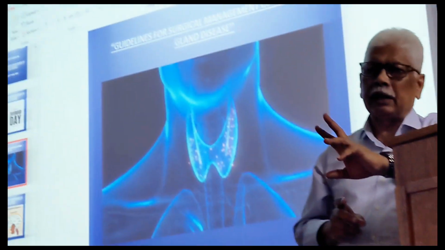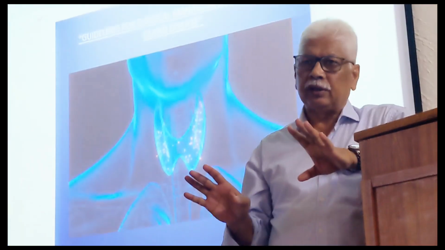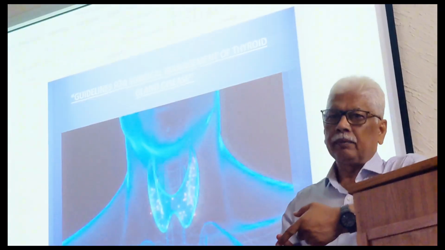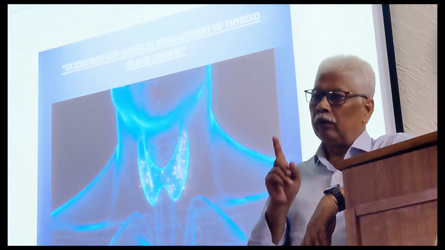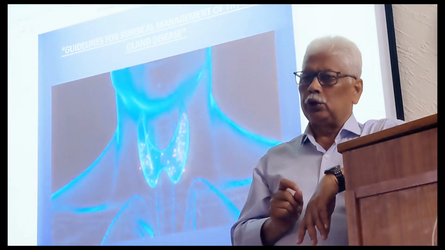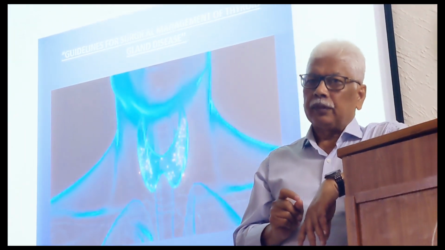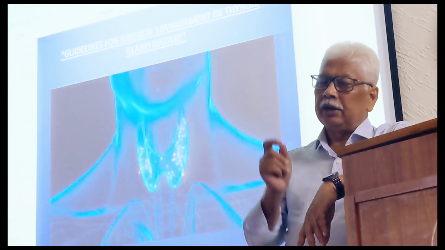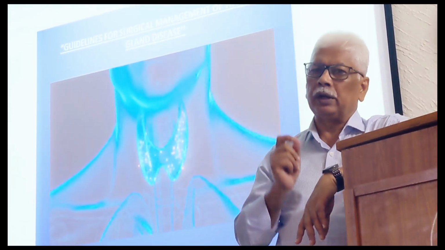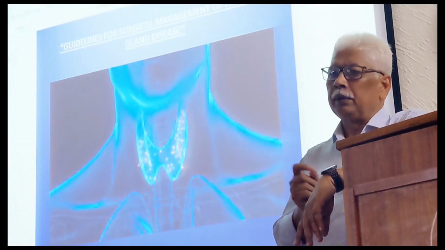There are only two types of surgery, or you can say three types of surgery. Nothing less than lobectomy on thyroid surgery. Lobectomy means removal of the lobe, with no residual tissue left in the bed. That means it warrants exposure of all the important nerves and the parathyroid gland.